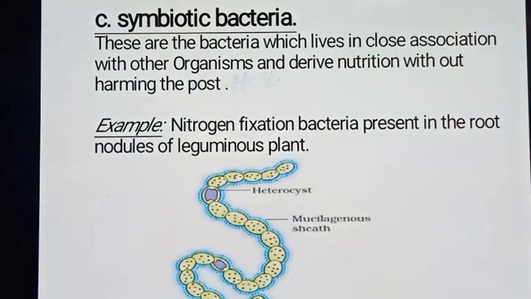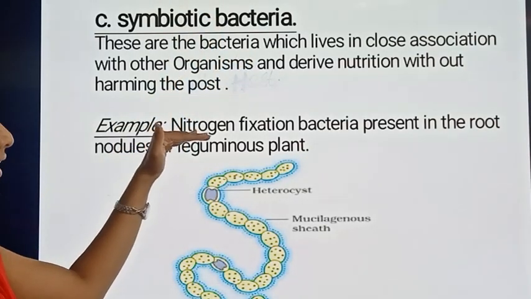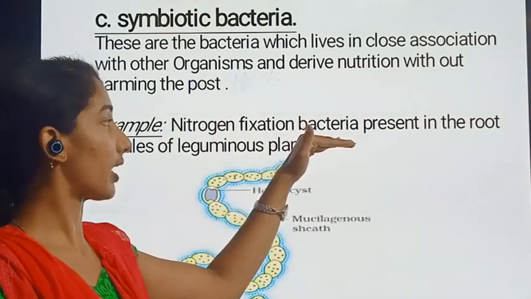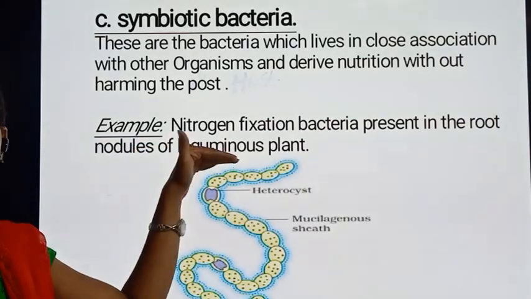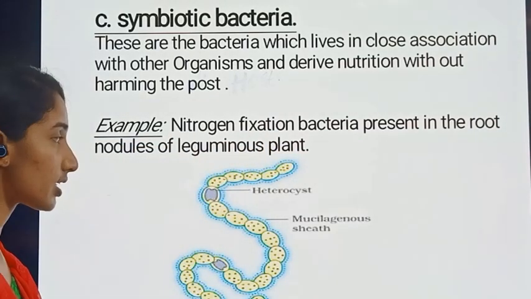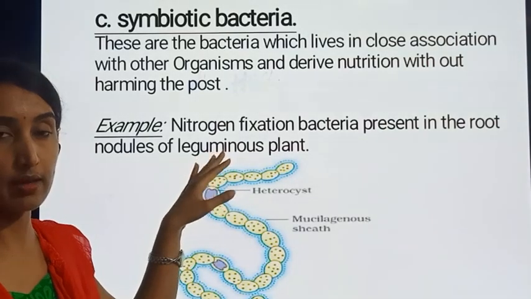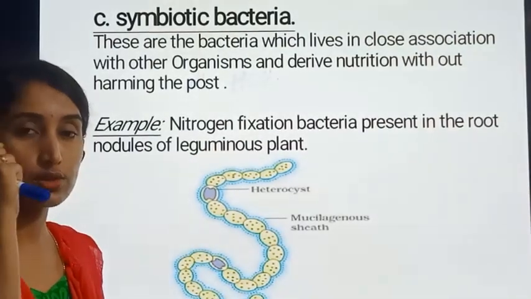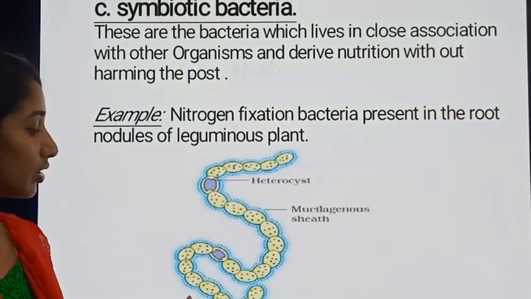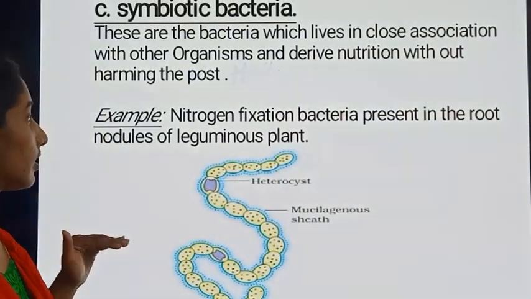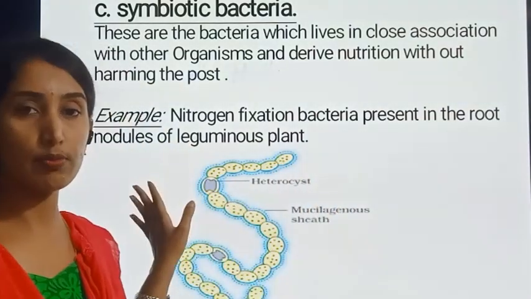Here is a beautiful example of symbiotic bacteria: the nitrogen-fixing bacteria present in the root nodules of leguminous plants. When we take the roots of a leguminous plant, in the nodules there will be the presence of nitrogen-fixing bacteria, which is so helpful.